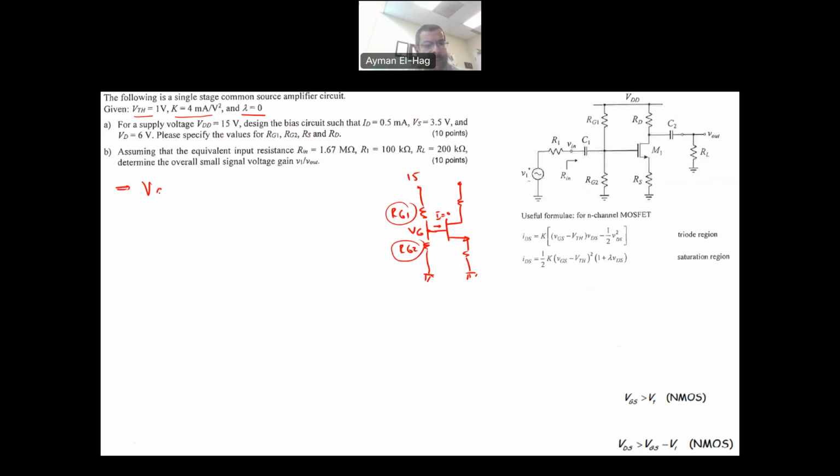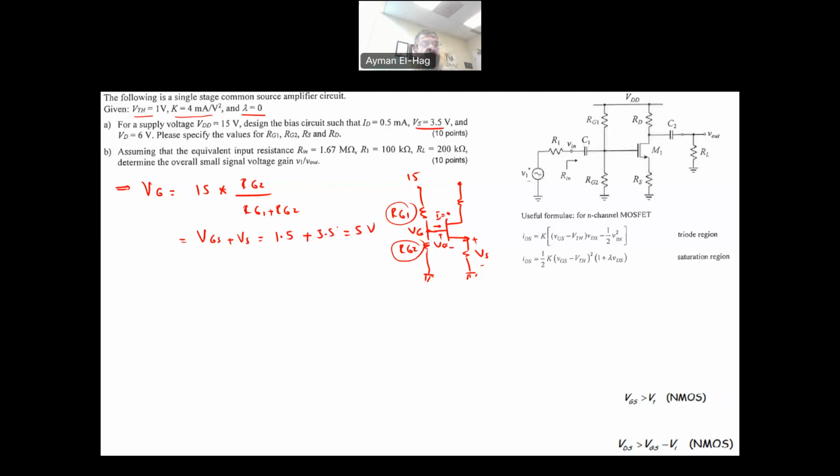From this, you can see that your VG is equal to 15 volt times RG2 over RG1 plus RG2. This voltage VG is equal to VGS plus VS, which is the VGS we found as 1.5 plus the VS given to you as 3.5 volt, which is equal to 5 volt.